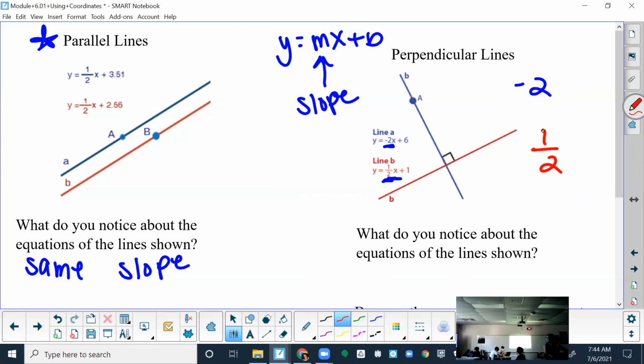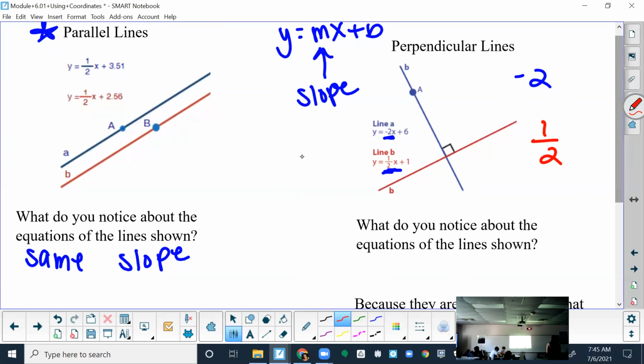Is there any significance to that? Do they look kind of the same? All right, there should be a significance to that.